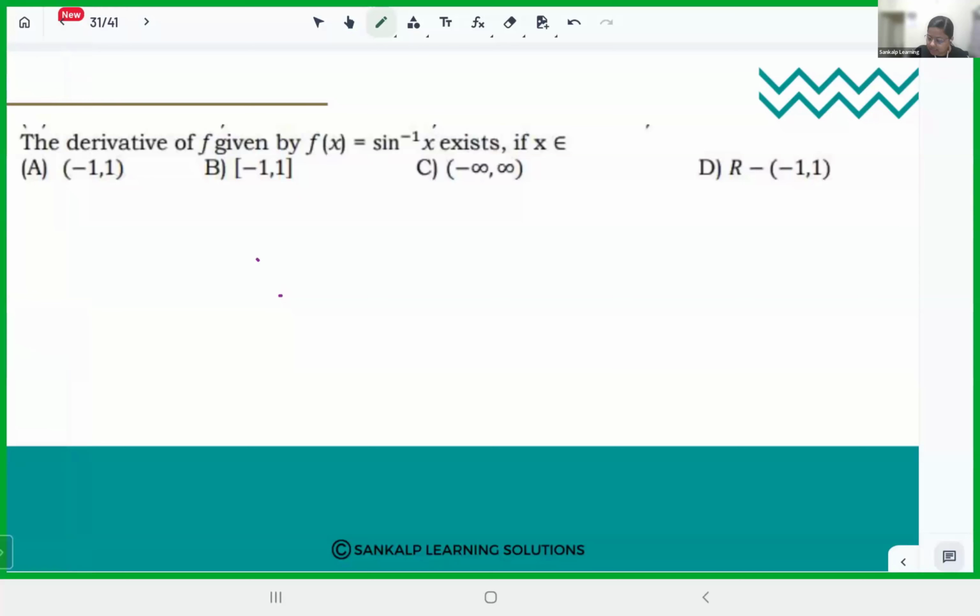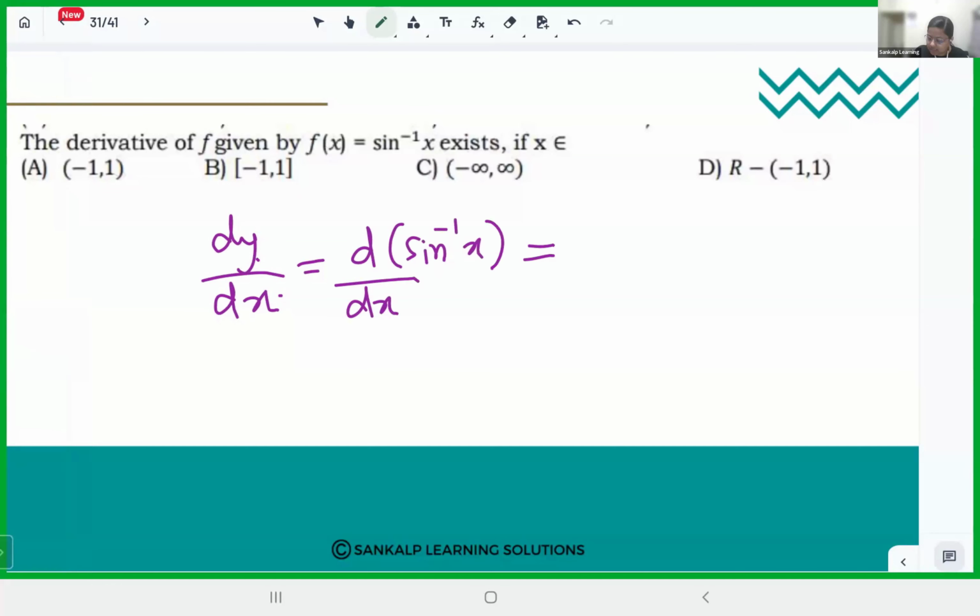So the next question is, the derivative of f is given by f of x equal to sine inverse x, and it exists if x belongs to. So when can we say that the derivative of the function f of x equal to sine inverse x exists? We know the derivative of sine inverse x.